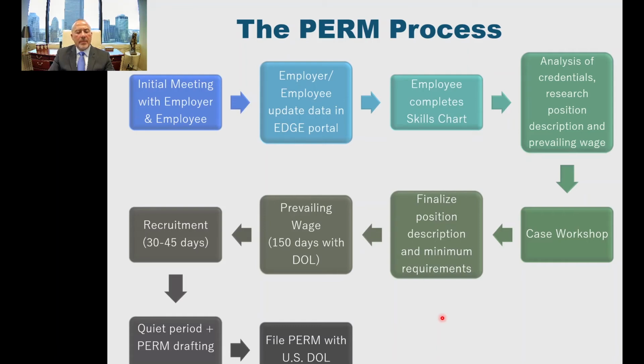But any U.S. worker who is deemed not qualified, we have to document that carefully so that if the case is audited in the future, that we have proof that we followed all the regulations. So once this is done, the next step is to file the PERM application online.